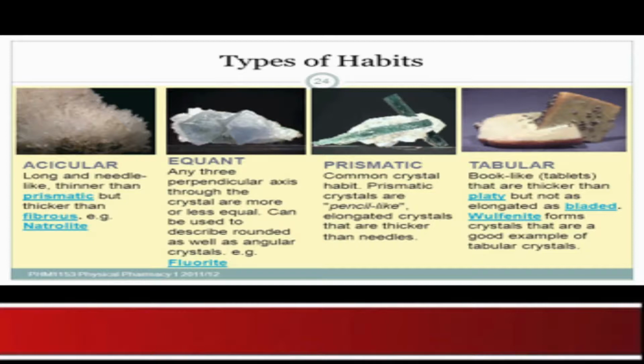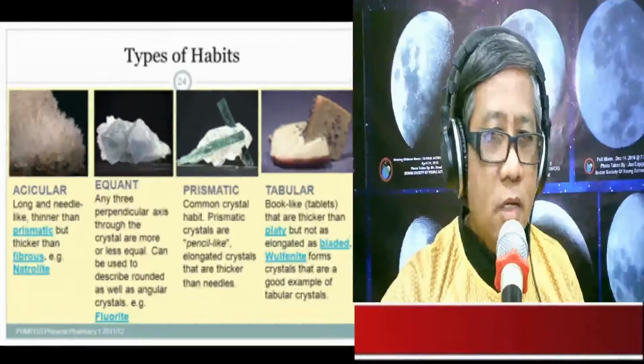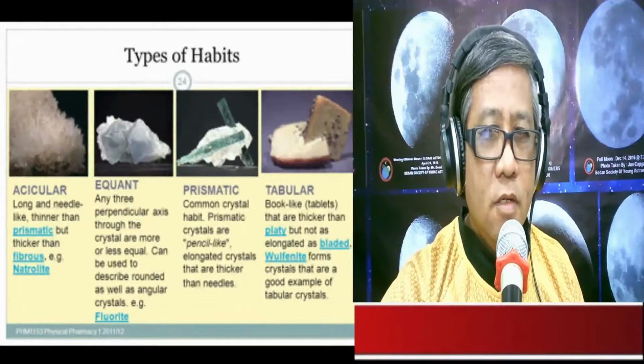Prismatic crystals are pencil-like. And lastly, we have tabular or book-like. So the mineral exhibits a book-like shape. Alright, those are the types of habit exhibited by minerals. So when you say habit again, that's the overall shape of the mineral.